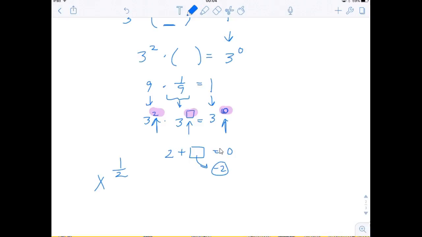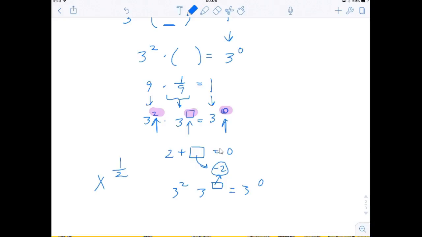Okay, so we've just shown that if we have 3 squared times 3 to the something equals 3 to the 0, then we know that the something has to be negative 2, because 2 minus 2 is equal to 0.